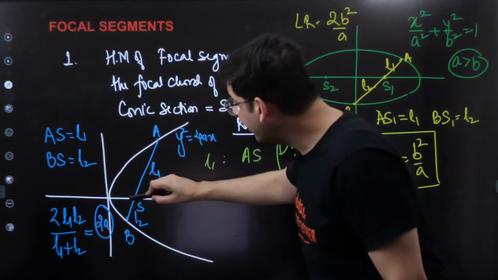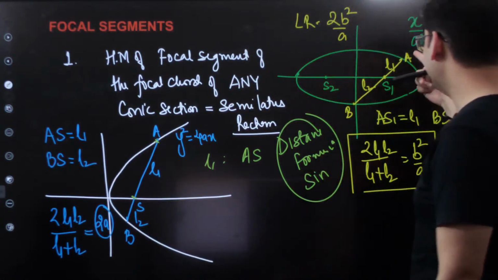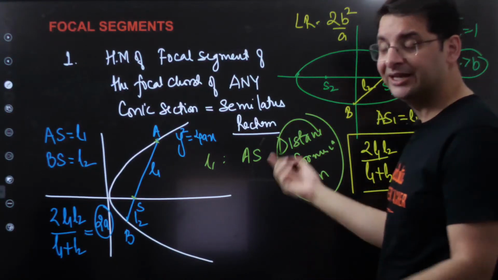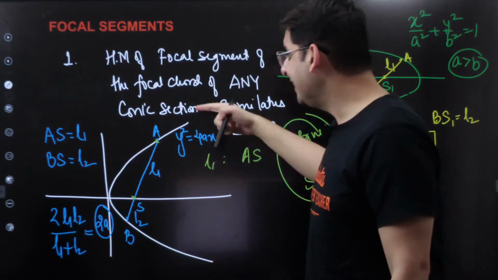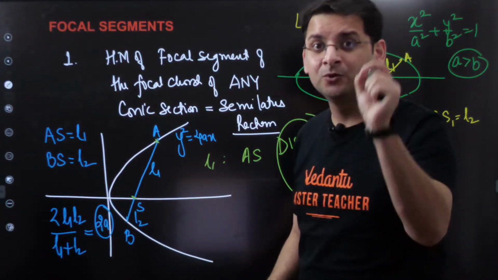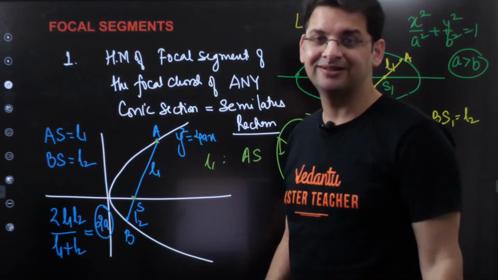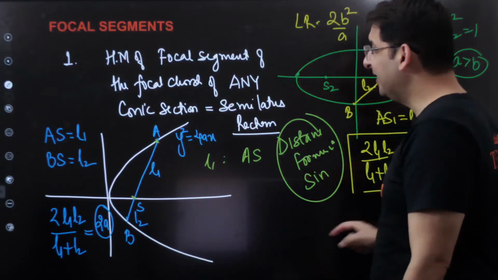So if you have to find AS, or let's say BS, or AS1, or BS1, or in case of hyperbola, any point to the focus, this distance, you always have to go to the basic definition of conic section. Do we remember the basic definition of the conic section?